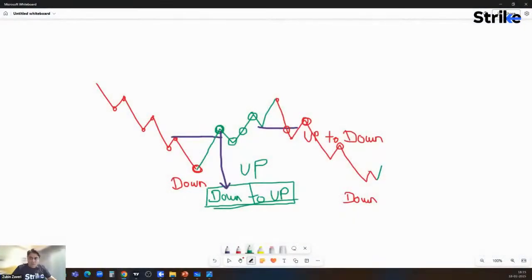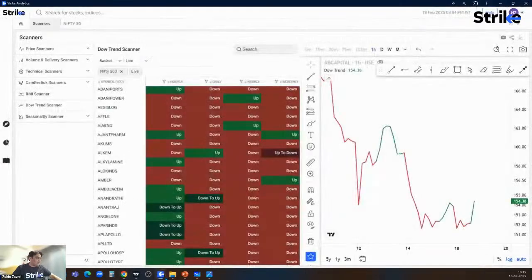Okay, so now let's see how it looks on the chart. So here we go. Now let's suppose you are a short term trader and you want to find stocks from Nifty 500.